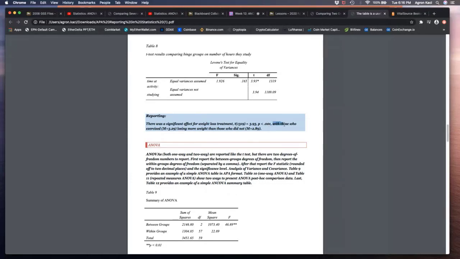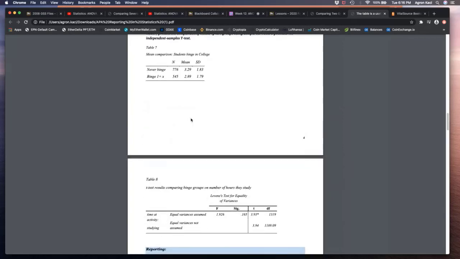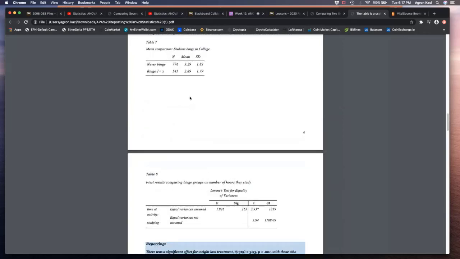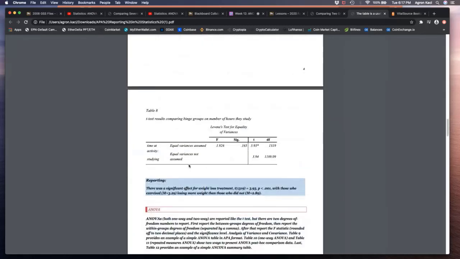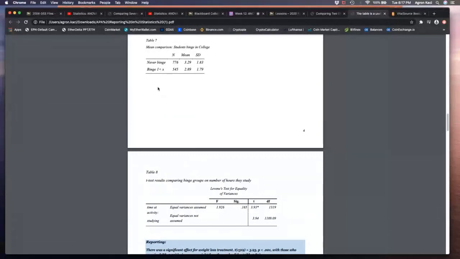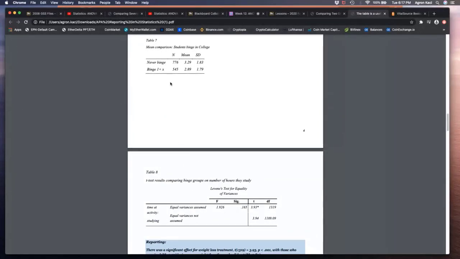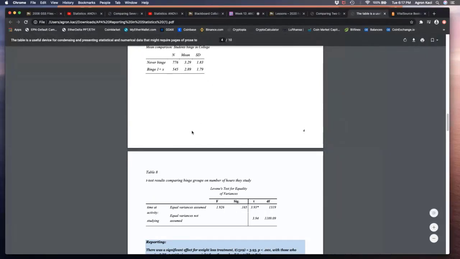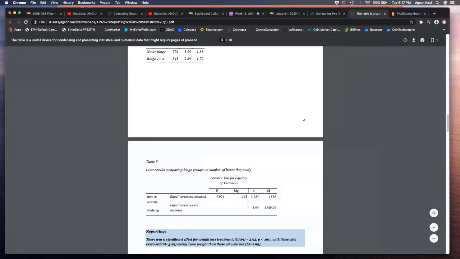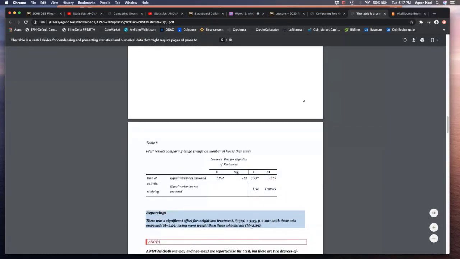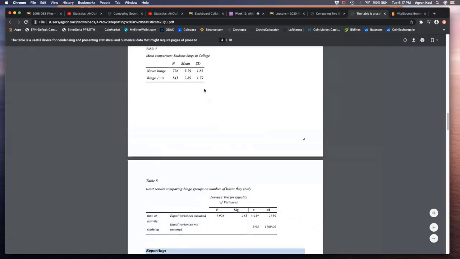And you would say those who exercised, in this case the mean would be 3.25, lost more weight than those who did not, mean 2.89.